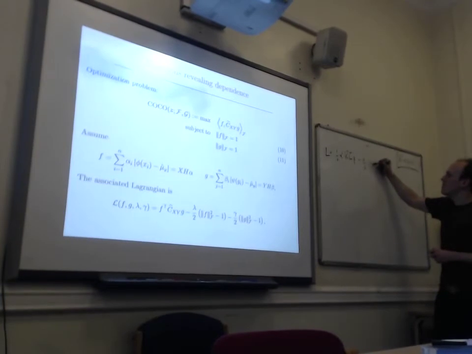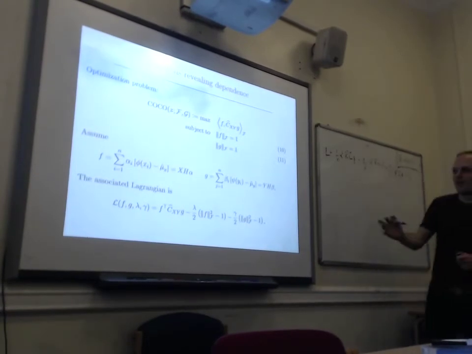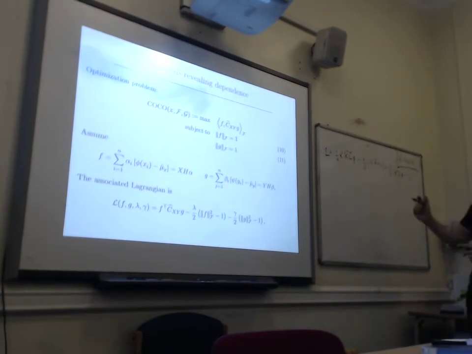The norm of f is alpha transpose k centered alpha, minus gamma on 2 times beta transpose L beta minus 1. Okay, so I've just taken these and I've put in all of the stuff that I have figured out so far. So this is my Lagrangian.